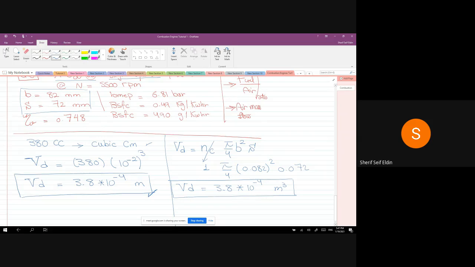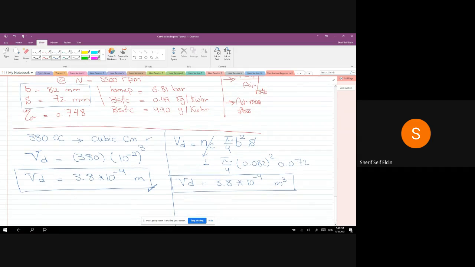So the fuel to air ratio. First thing we have to do is get the mass flow rate of the fuel, and get the mass flow rate of the air, and divide them by each other. We're going to get the fuel to air ratio. So from where can we get the fuel mass flow rate?